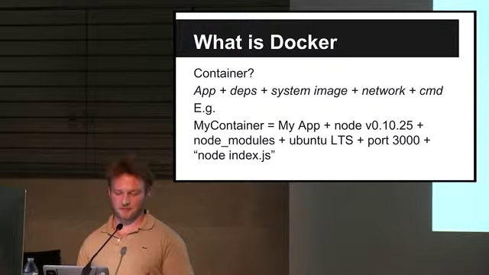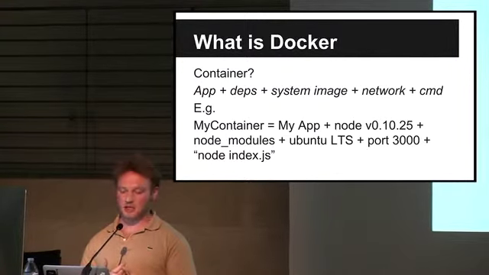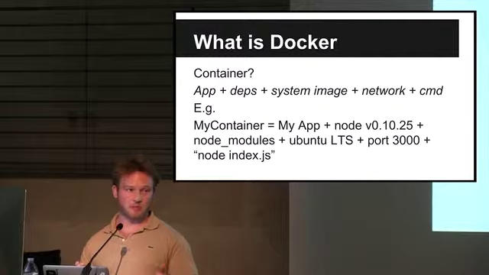What's a container? I've sort of written a little equation here to try and get across what a container means in Docker speak. You could think of a container as a running instance of an app. So this could be, for example, a Node Express app that you've written, plus its dependencies.